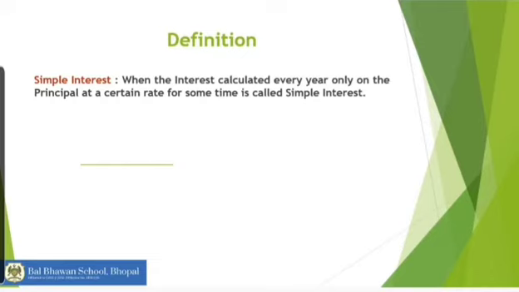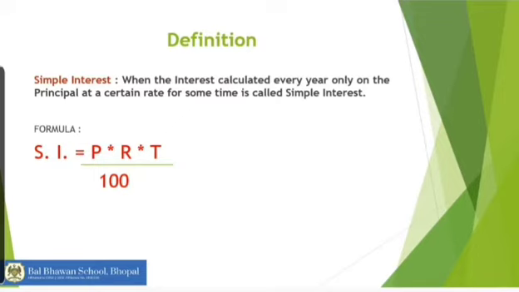Now, let us talk about the definition of simple interest. When the interest is calculated every year only on the principal at a certain rate for some time, it is called simple interest. The formula to find the simple interest is denoted by the abbreviation SI equals P into R into T upon 100, where SI is simple interest, P is principal, R is rate and T is time.